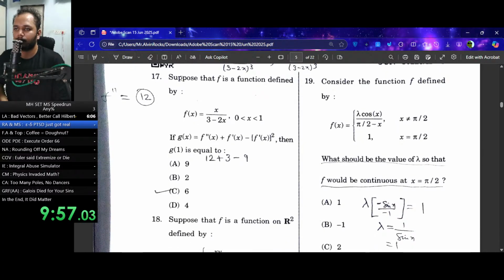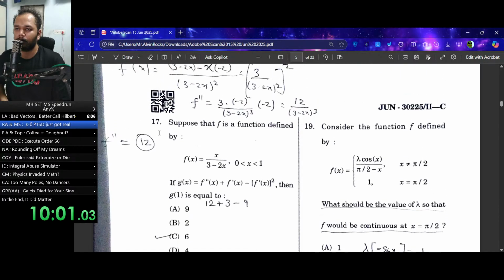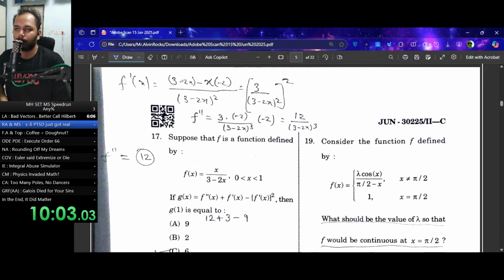Alright, suppose that f is defined by, derivatives already computed: 2x minus 1 minus 2x, 3x square. This is the case, so you put the value directly. f dash of 1 will be 3 over 3 minus 2 whole square.